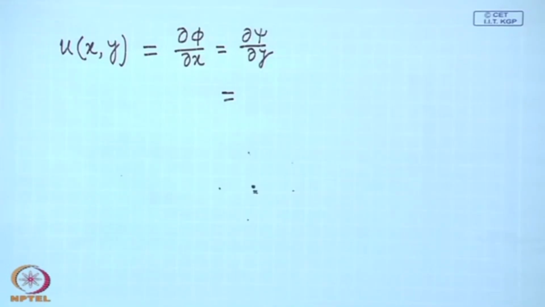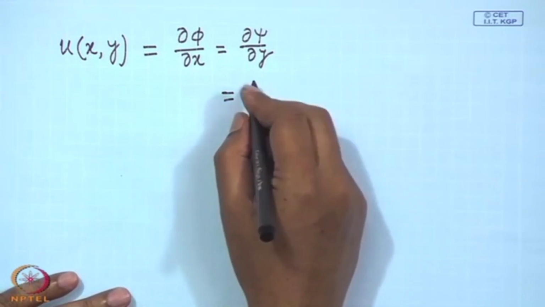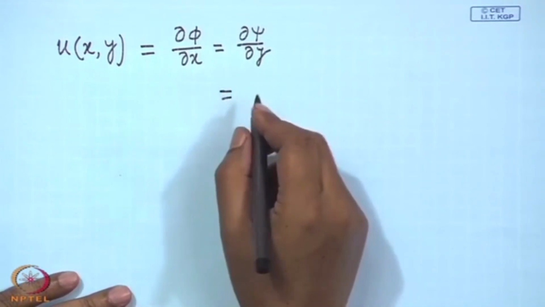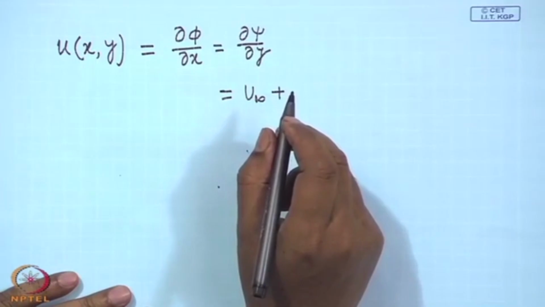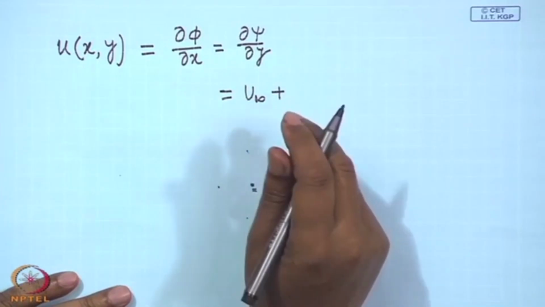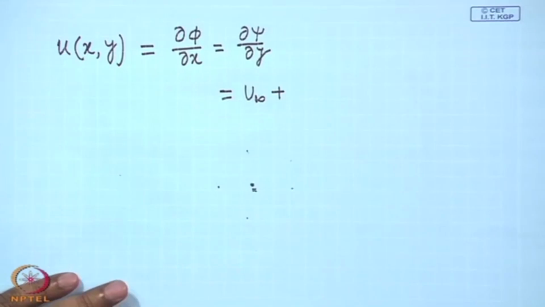It is u infinity plus m by 2 pi r, d r d x, that is x by under root x square plus y square.